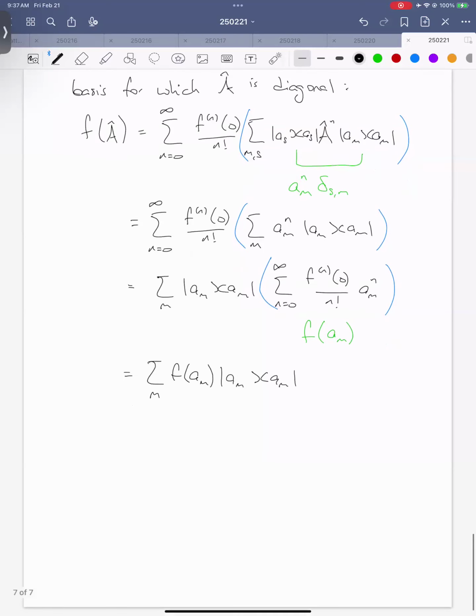If we work in some uncountably infinite number of basis states, then we get an integral rather than a sum. And so I hope that you then see one reason why it's very desirable to work in a diagonal basis.